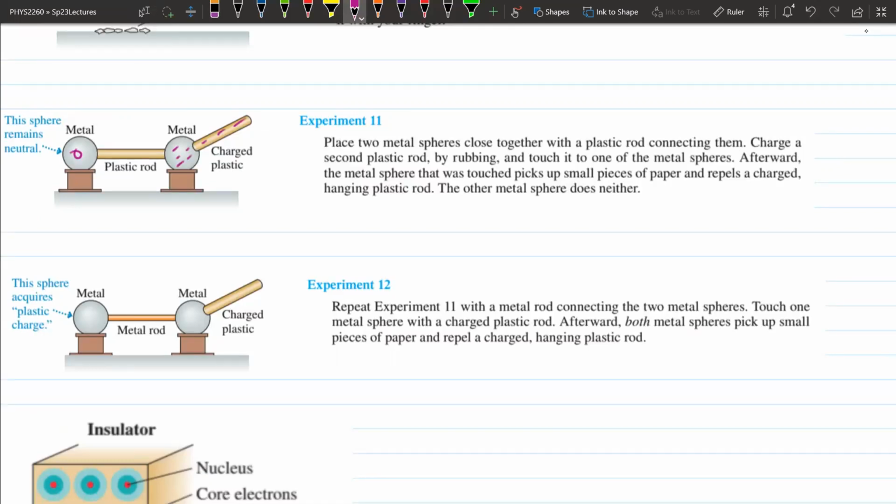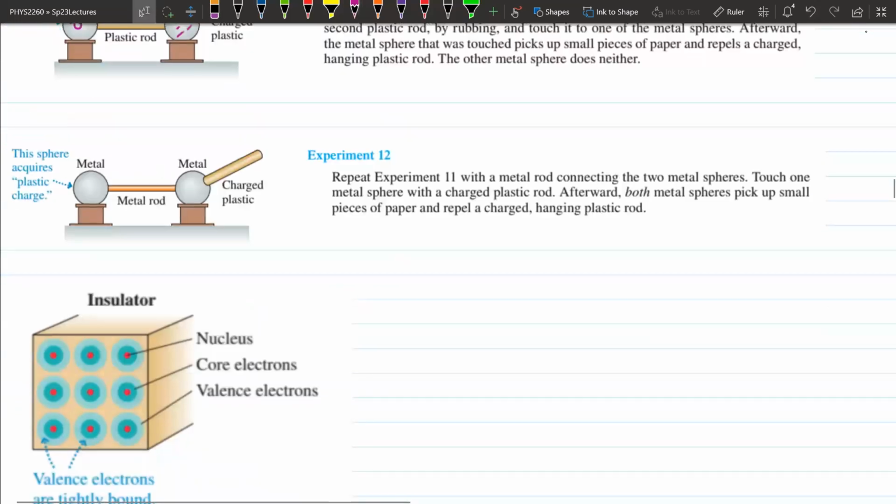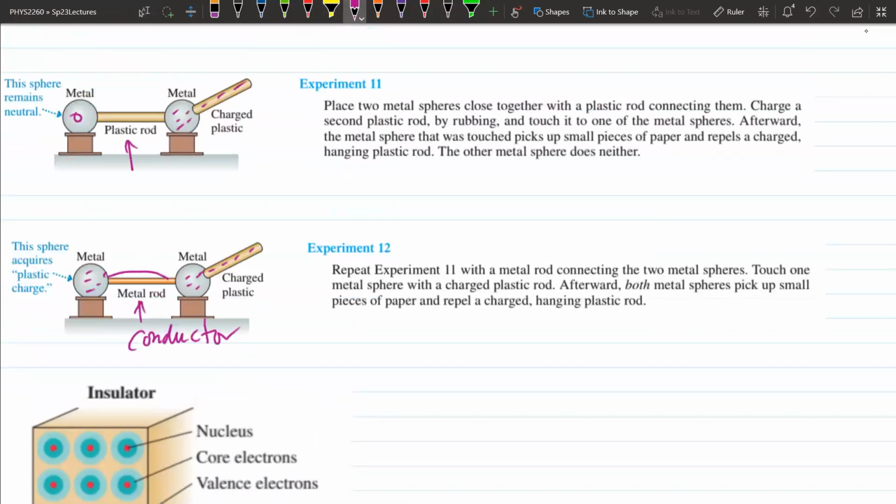But if you connect the two metal balls with a metal rod instead, the negative charge can actually flow through the metal rod to get to the other side. This is what we're going to be calling a conductor, and plastic, we're going to tend to think of as an insulator.